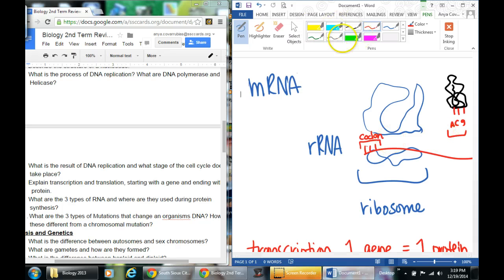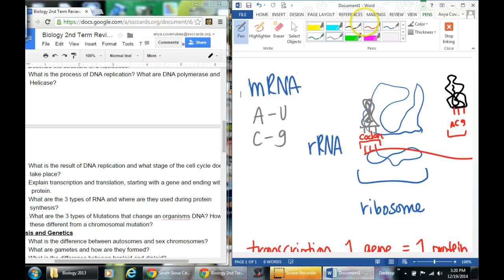So what happens is the tRNA comes in and it binds with the codon if it's the right code, so it has to be an A matching with a U, a C matching with a G, and a G matching with a C, and a U matching with an A. So in mRNA, our nucleotides are A's with U's and C's with G's.